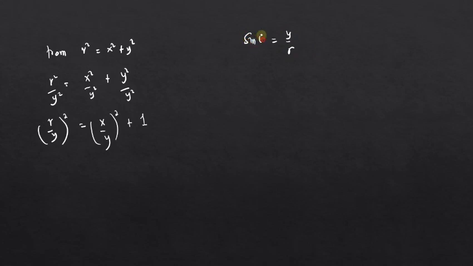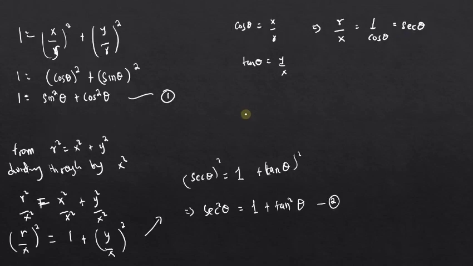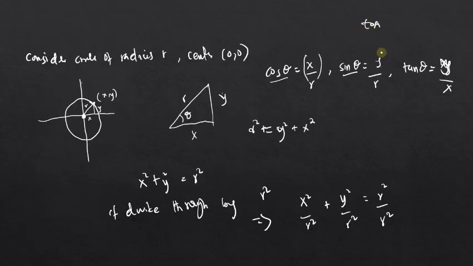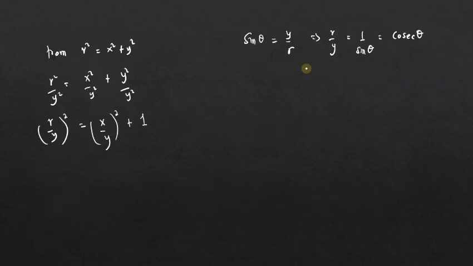Then we also have y over x. We have tan theta equal to y over x. But here we are looking for x over y. So x over y will be equal to 1 over tan theta, which we know to be equal to cot theta, cotangent.